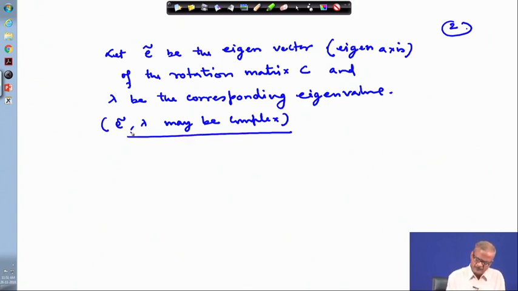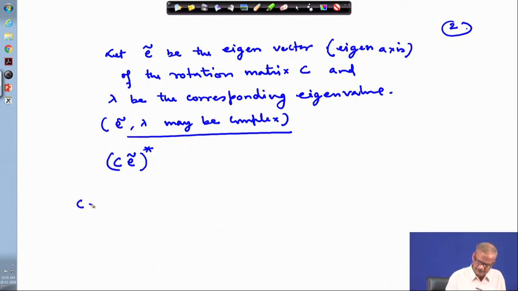So, if it is so, then the transpose we have to replace by the Hermitian operator. Let us write it this way: C operates on the E tilde, and if E tilde and lambda happen to be complex, in that case we will replace the transpose by the Hermitian conjugate.